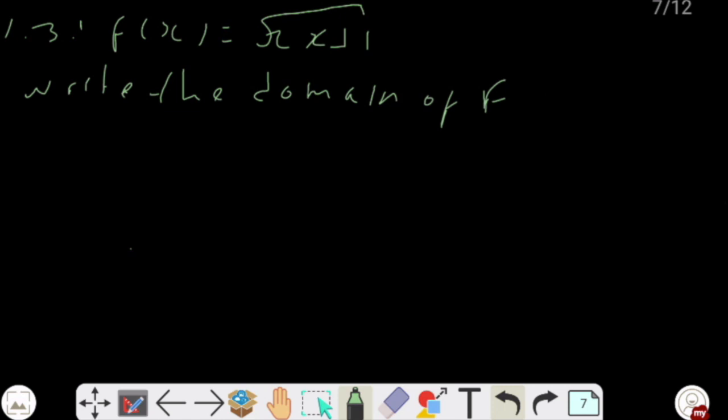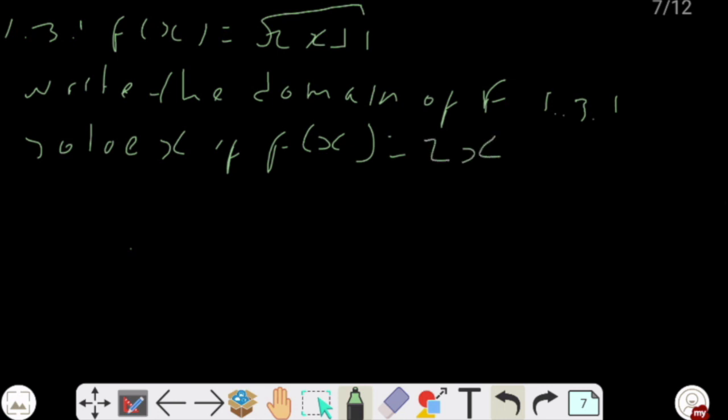That's one part of the question, which is 1.3.1, and then the follow-up says, solve for x if f of x equals 2x minus 1.